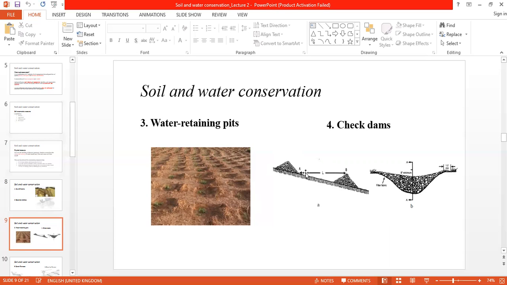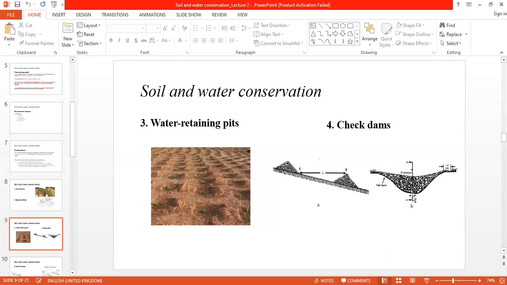as this place is being eroded, it will become like a step. So instead of having a very steep slope, the slope will start to reduce, and the water is being blocked by these stones that you put.